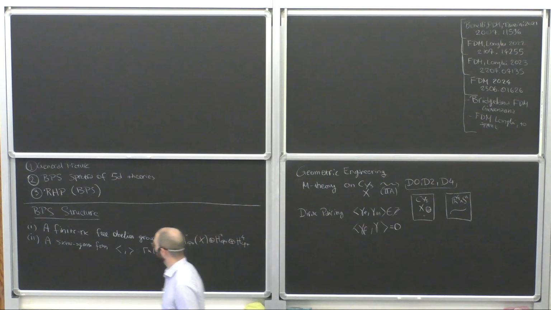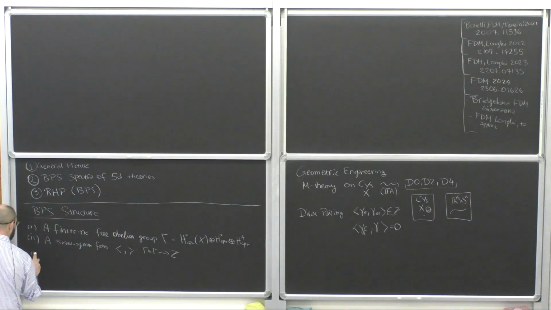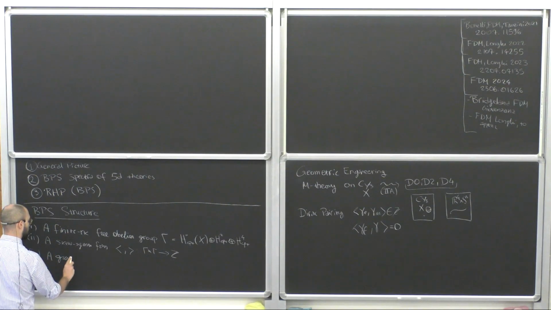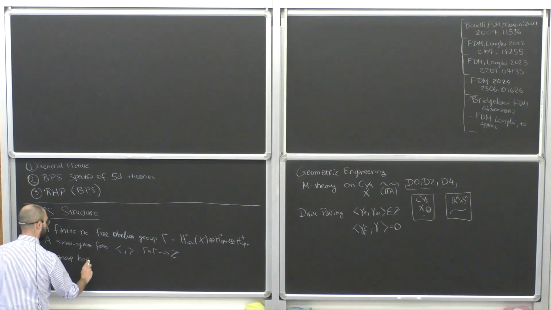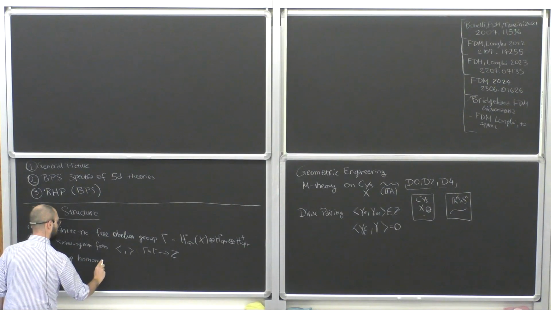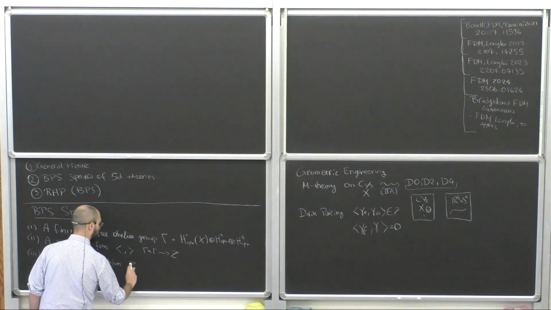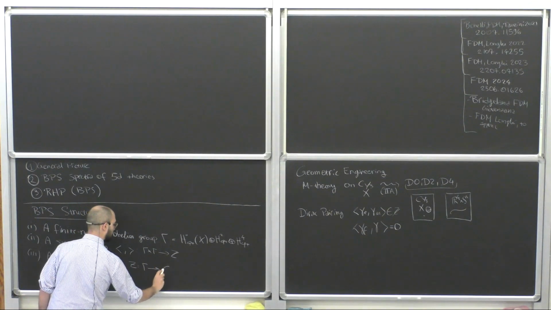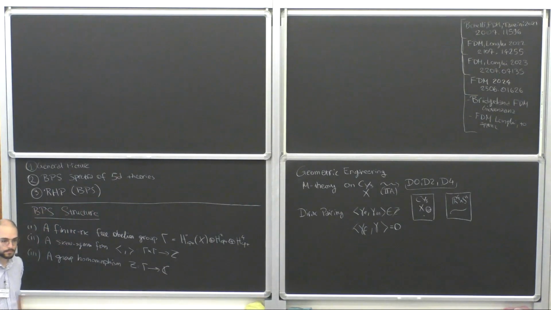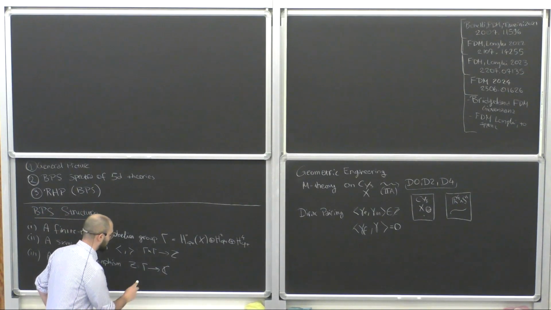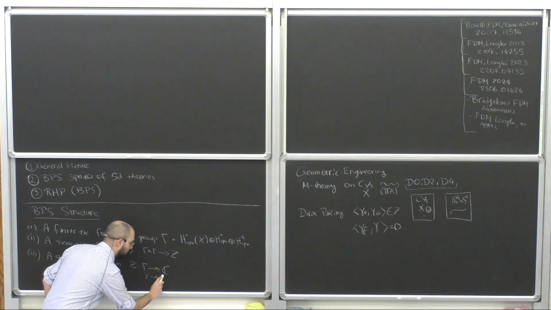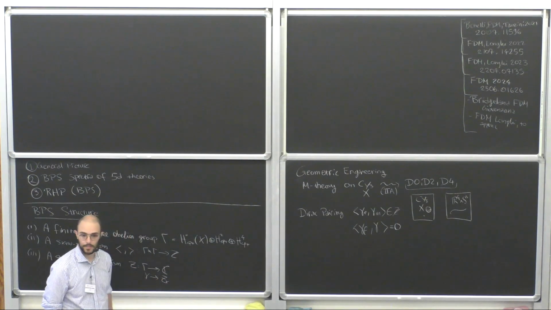The third thing that we need, well, we are talking about BPS particles, right? So what we need is a central charge. A central charge is a group homomorphism Z from this lattice to C. It associates to an element gamma its central charge Z gamma.